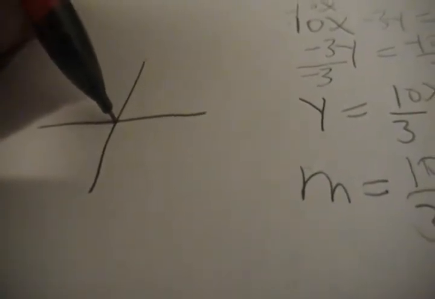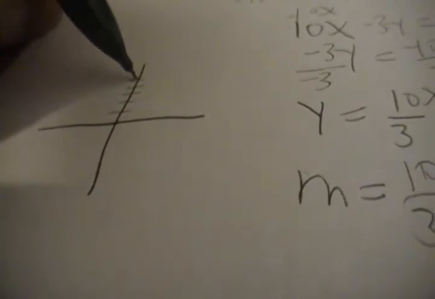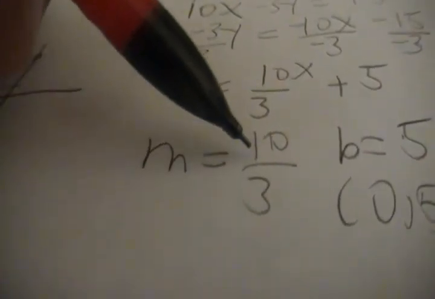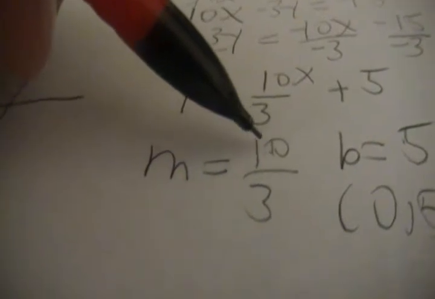Okay, let's start with the y-intercept. So our y-intercept is going to be 0, 5. So here's 0 for the x value. Let's go up 5. 2, 3, 4, 5 right here. Okay, now let's try plotting the slope.